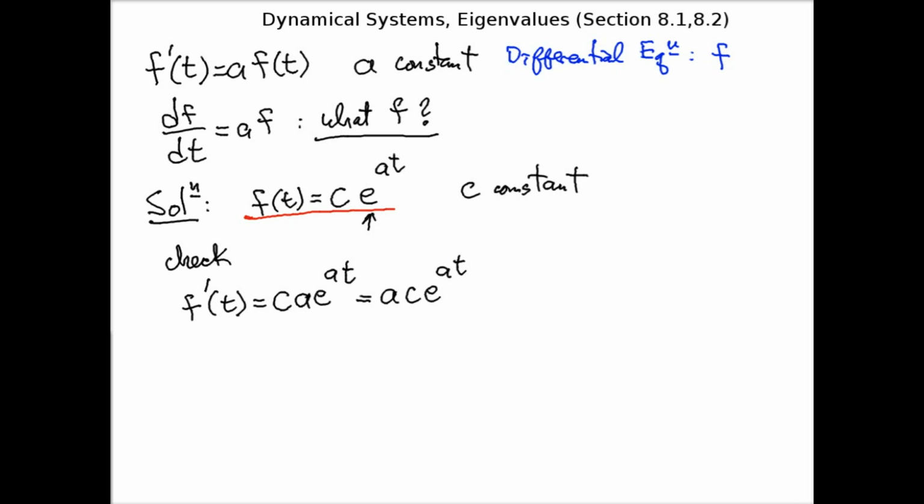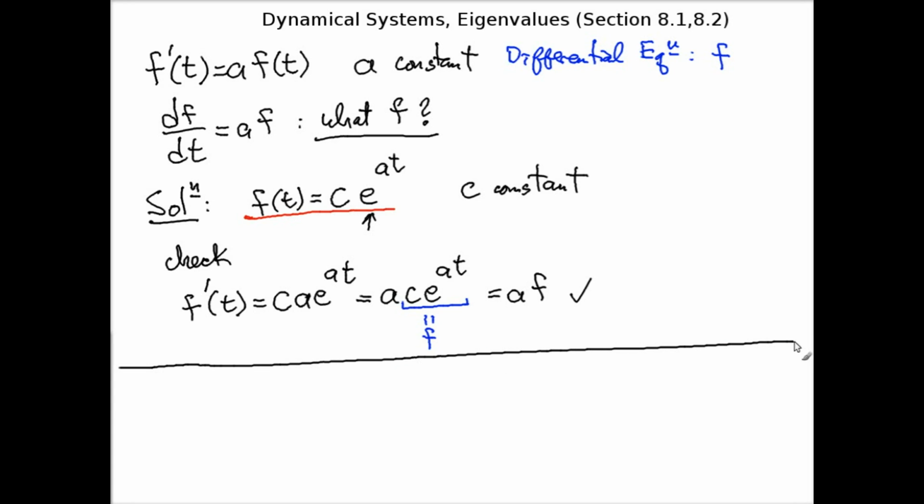All I did was switch the order of the constants. And this right here is f again, c e to the at. So this thing is indeed a times f. Okay, so that's just a quick reminder of a basic problem in Math 140.